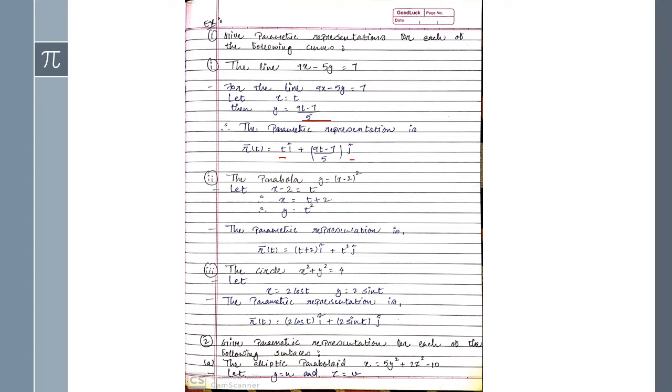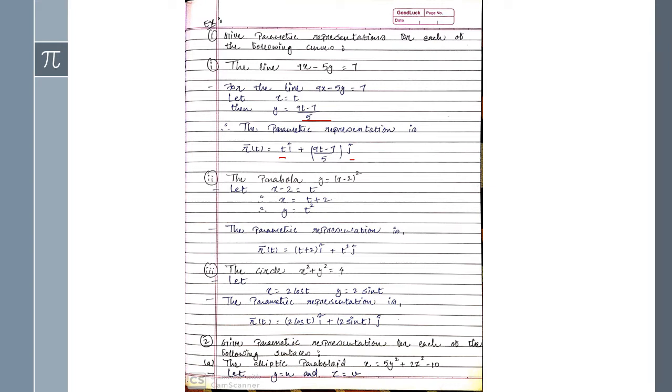Now the second one is given: the parabola y equals x minus 2 whole square. Again, only two variables are given. So just take a supposition for any one. I'm applying the supposition x minus 2 equals t, because if I take only x equals t, then it will be t minus 2 whole square, which is not possible because there is a square given.